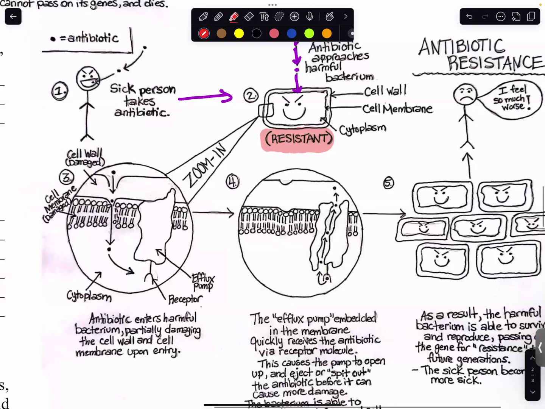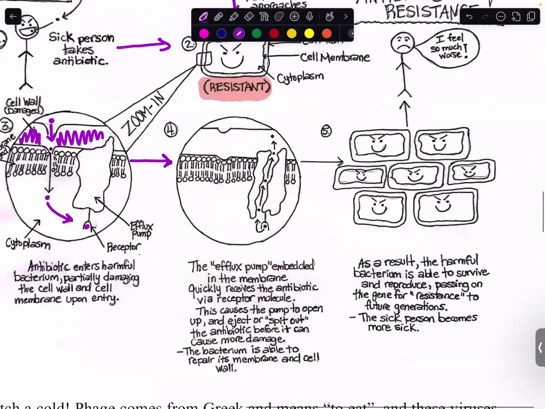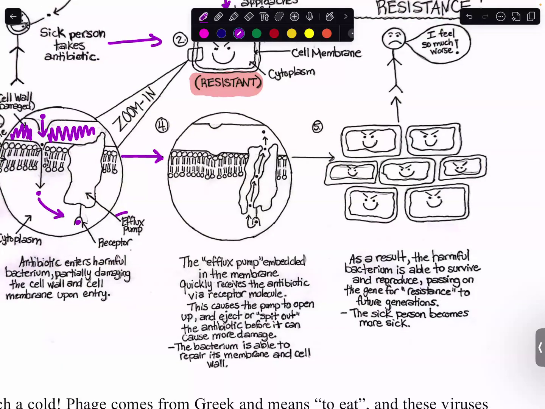This one is resistant, okay? And just showing one way, right? The antibiotic was able to damage the cell wall, which is what we see here, and the cell membrane. However, once it entered, a receptor is going to take in that antibiotic and bind with it, leading to the efflux pump that they spoke about, spitting the antibiotic back out of the cell.